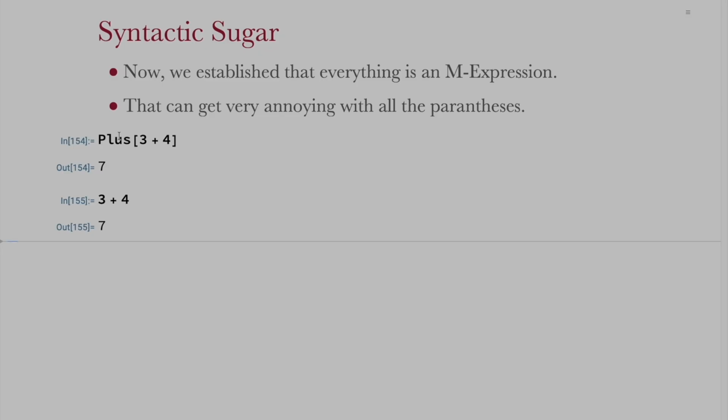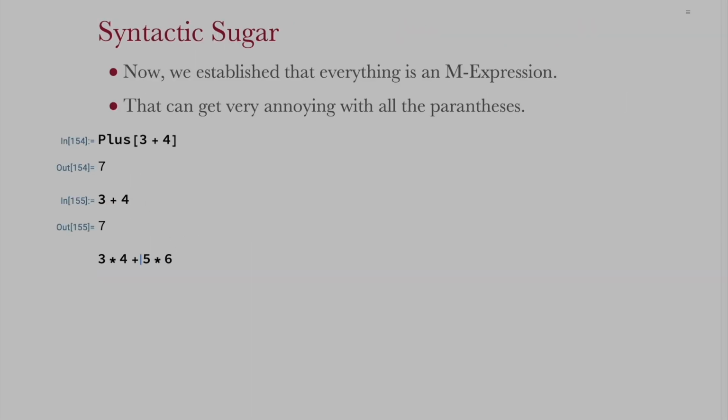It will convert it to Plus[3, 4] as an M expression, and then it's going to evaluate it. Something a little bit more complicated that involves also multiplication. So we could have 3 times 4 plus 5 times 6.